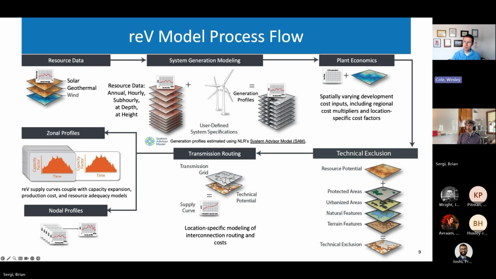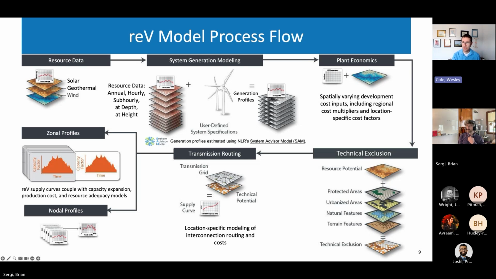And then we have a variety of technical exclusions. We'll walk through these in more detail, but couple all of those to get, here's the total resource potential we start with. You layer on those exclusions, and then we have, here's what you can build now after you've applied all of those exclusions. And then next step, that transmission routing, where you layer on the transmission grid and say, okay, here's a resource site or a location where somebody might want to build something.